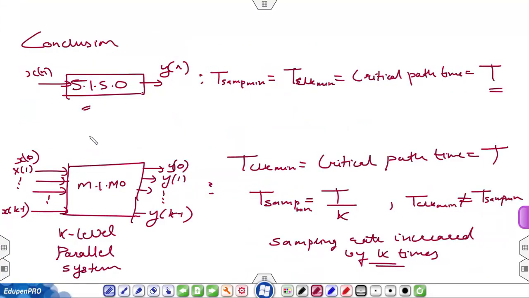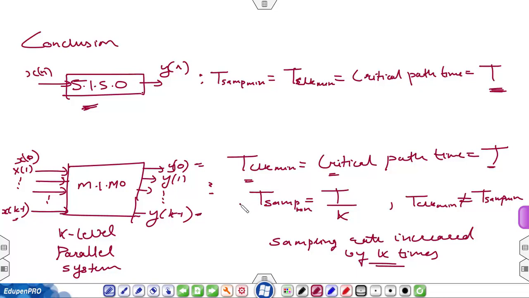Based on this discussion, I can conclude that for a single input single output system taking one input at a time and processing one output at a time, with T sampling minimum equal to T clock minimum equal to the critical path time, that is T, if k similar systems are used in parallel, taking k samples from 0 to k minus 1 and generating k outputs corresponding to this input, the clock period T clock minimum will be equal to the critical path time T, that will not change.